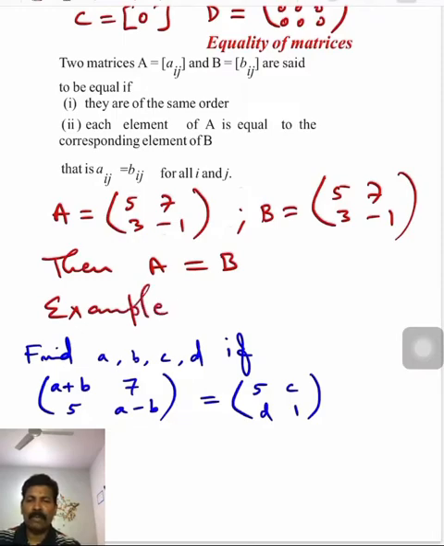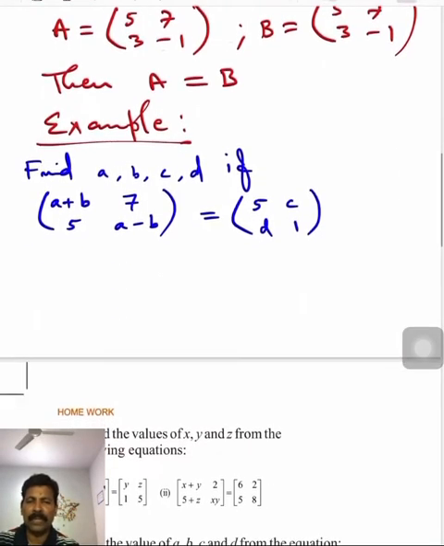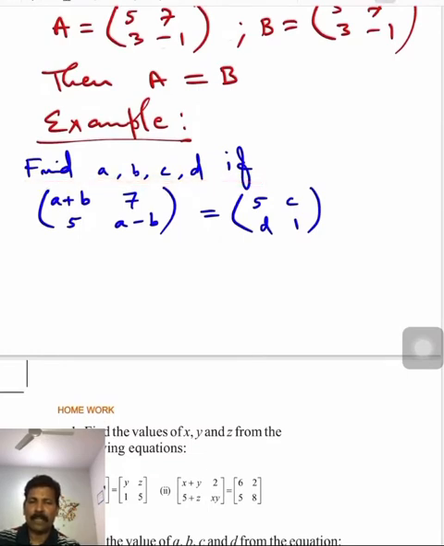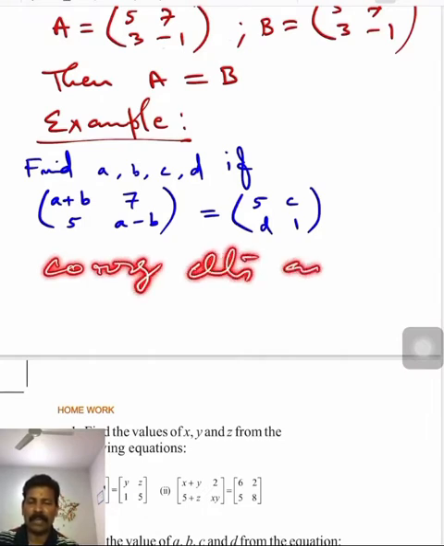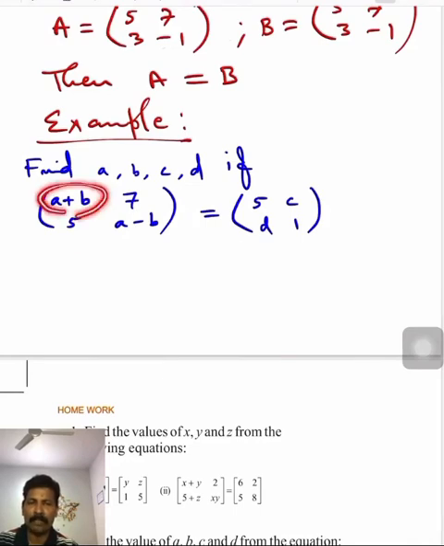Now example, find a, b, c, d if the 2 by 2 matrix a plus b, 7, 5, a minus b is equal to 5, c, d, 1. Remember that equality ensures that the corresponding elements are equal and the order is the same. So here a plus b should be 5, and 7 should be c, and 5 should be d. Corresponding elements, a minus b should be 1.